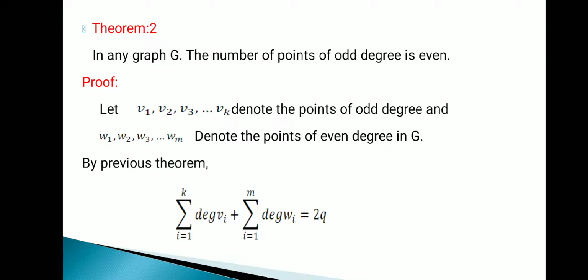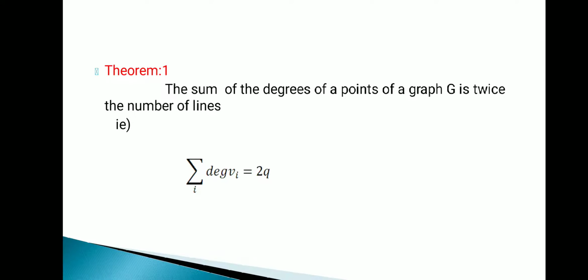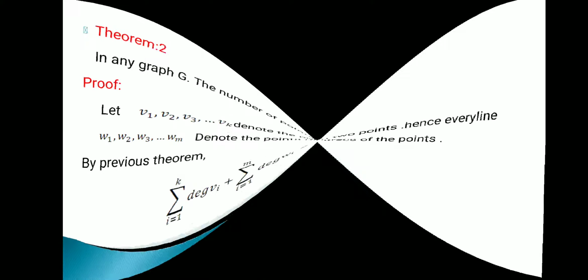Proof: let V1, V2, V3, up to Vk denote the points of odd degree, and W1, W2, W3, up to Wm denote the points of even degree in G. By the previous theorem, the sum of the degrees of the points of a graph G is twice the number of lines, that is, the summation of degree of vi equals 2q, which is applied to these two types of vertices.